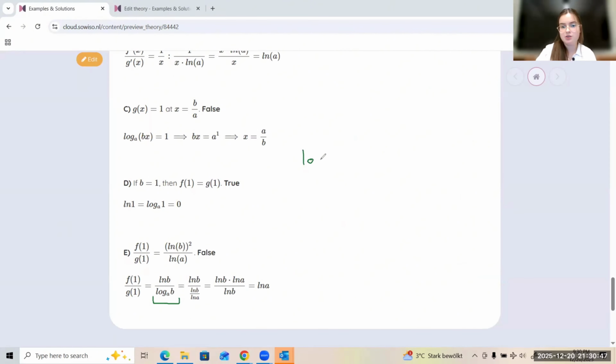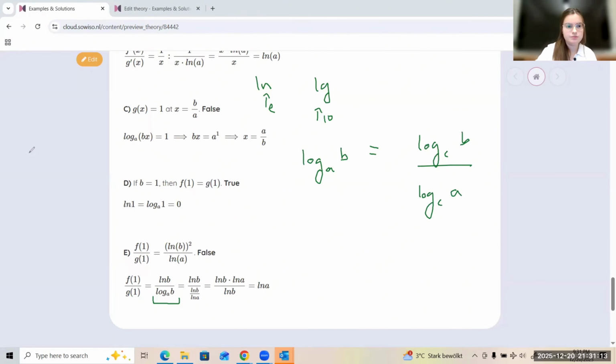when you change the base of a logarithm, because on your scientific calculators, it usually only has the input function ln or lg. This is the base of 10, this is the base of e, and you can't really pick another base that you would like to. So the rule tells you that logarithm c of b over logarithm c of a, like this.